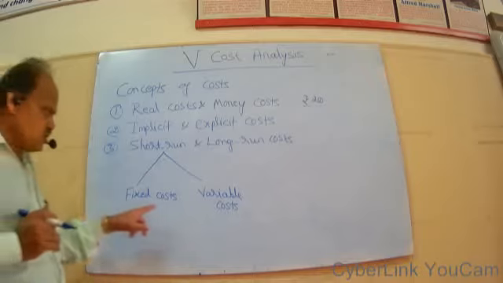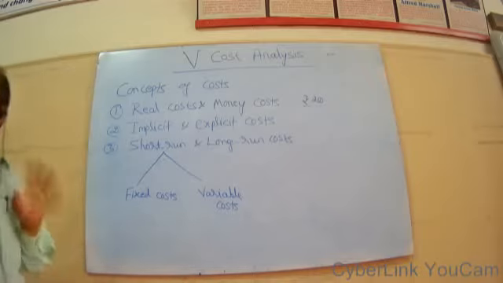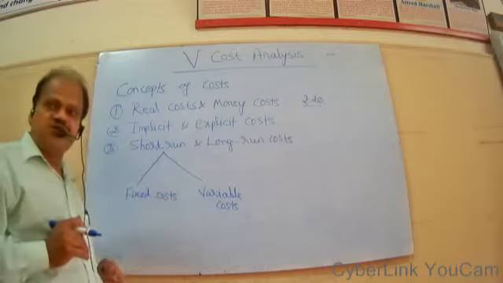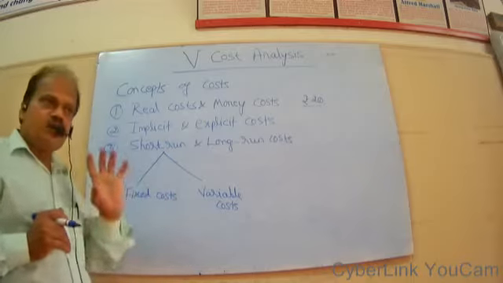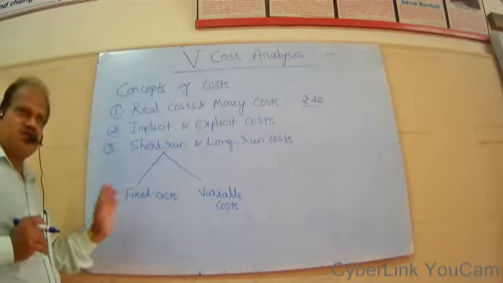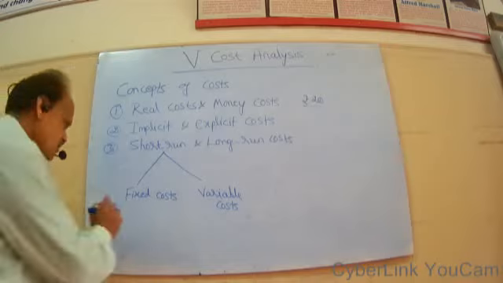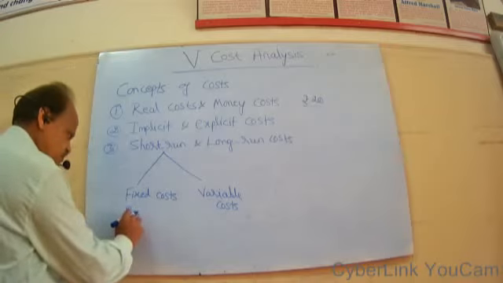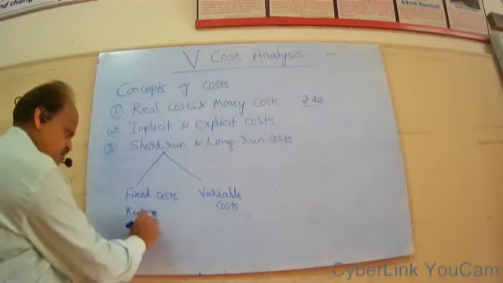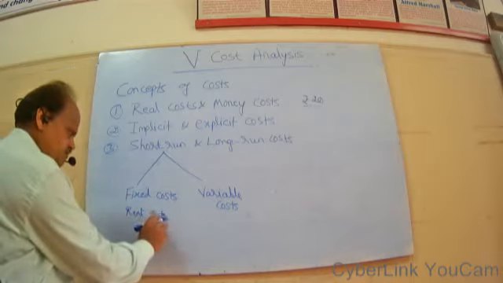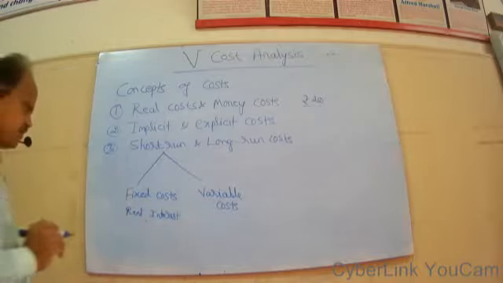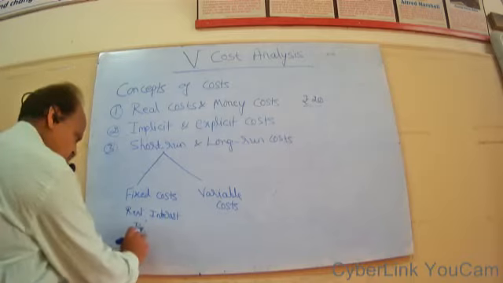Then what are fixed costs? Fixed costs are the costs which do not vary as the scale of production changes. Whatever may be the scale of production, here costs would remain the same. For example, cost of rent on land, then payment of interest on loaned capital, then royalty.